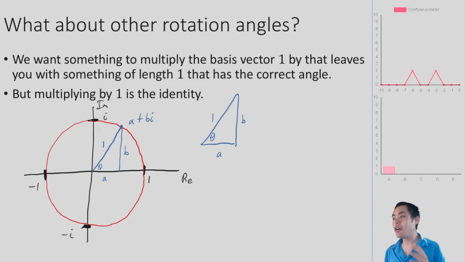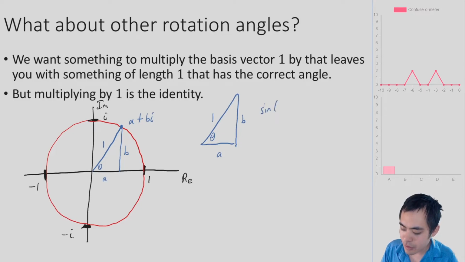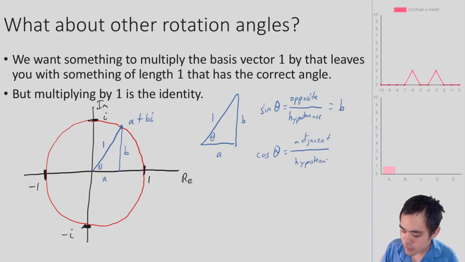And if you go back all the way to pre-calculus and learning about trigonometric functions, well, remember that sine of theta is equal to the opposite over the hypotenuse, which is equal to b, and cosine of theta is equal to the adjacent over the hypotenuse, which is equal to a.